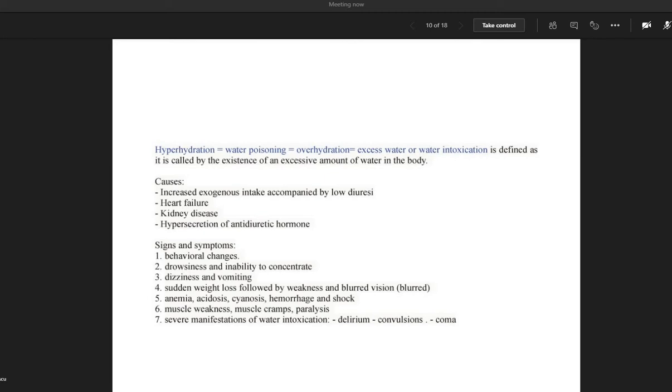It's difficult for him to concentrate. You will see some behavioral changing. He's probably dizzy. As a sign of meningeal irritation, you will see vomiting. It's a specific type of vomiting, very sudden, and it does not matter if he had been eating something or not. It's a spontaneous vomiting.